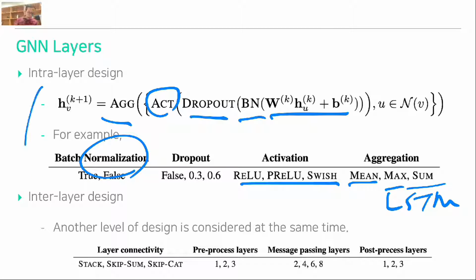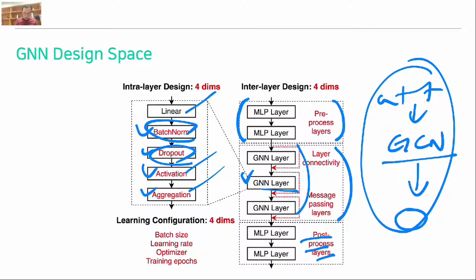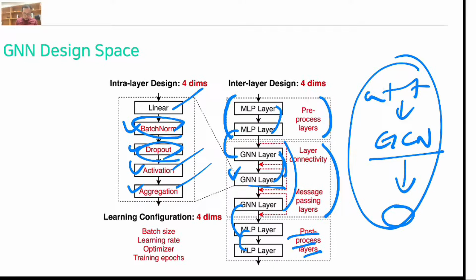So these are intra-layer design choices. And we also consider inter-layer design. Inter-layer means between GCN layers, between MLP layers, and in between MLP and GNN and GNN and MLP layers, something like that.